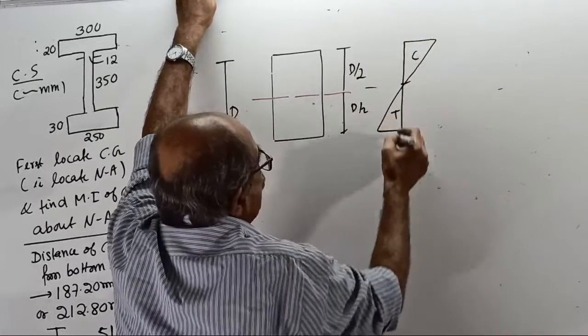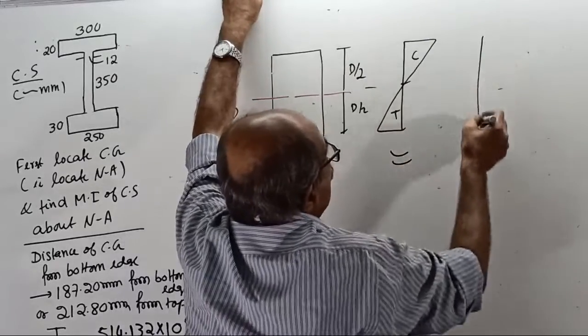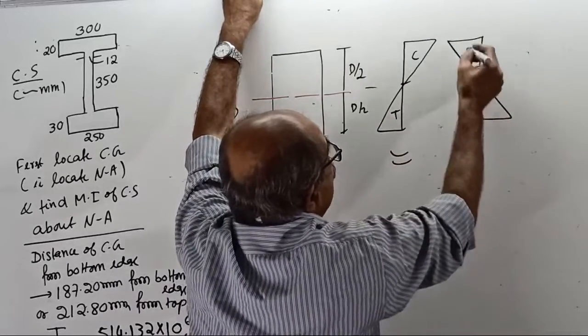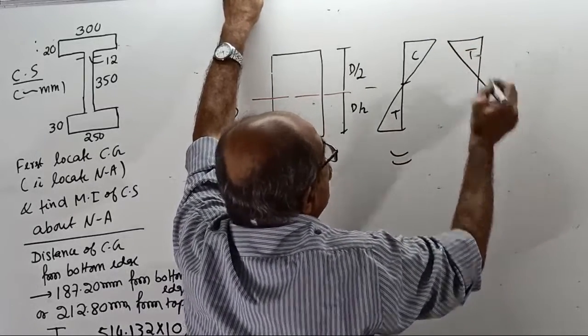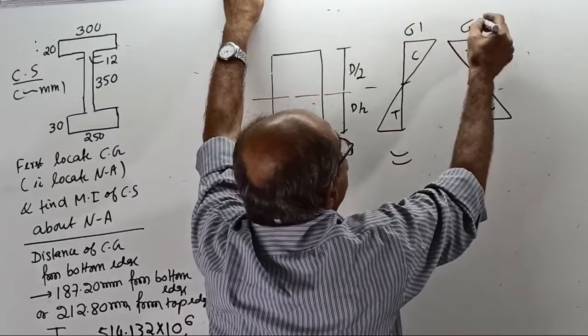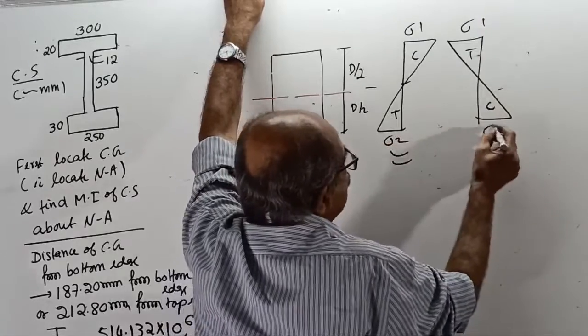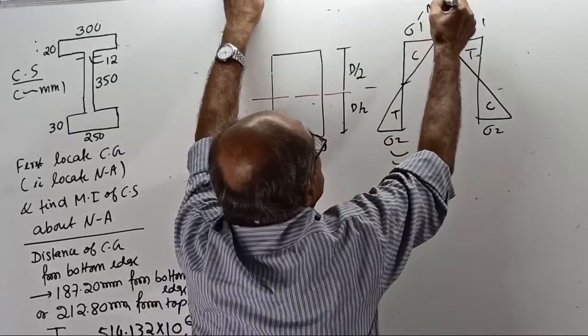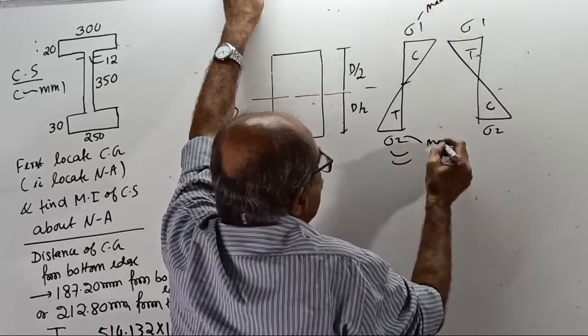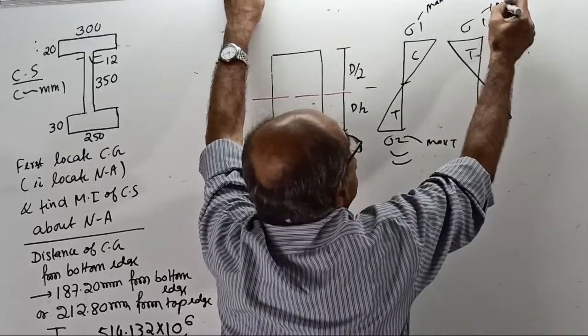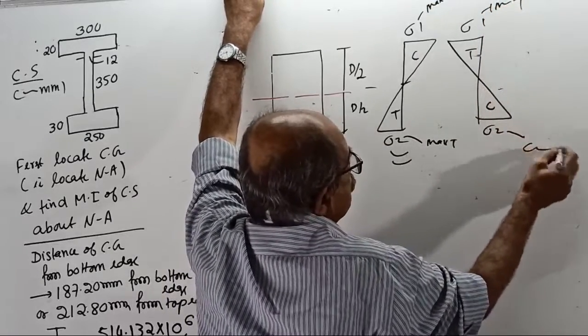Compression here, tension here for sagging BM, or tension here, compression here for hogging BM. This is sigma 1, this is sigma 2. This is the maximum compression, maximum tension, maximum tension, maximum compression.